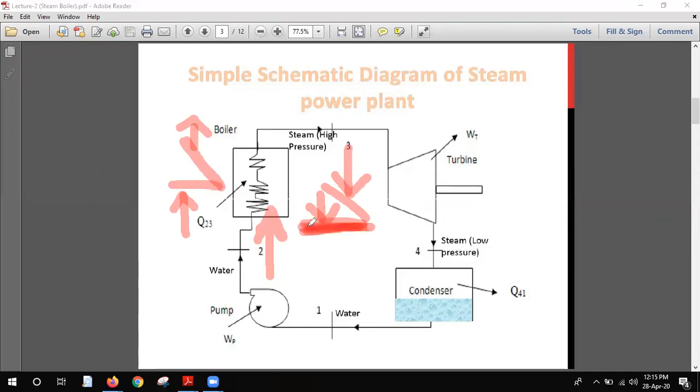It protects the water from going from the boiler to the pump. It only opens when the water comes from the pump to the boiler. So it doesn't allow the water to go from the boiler to the pump. Basically it's a one-way valve.